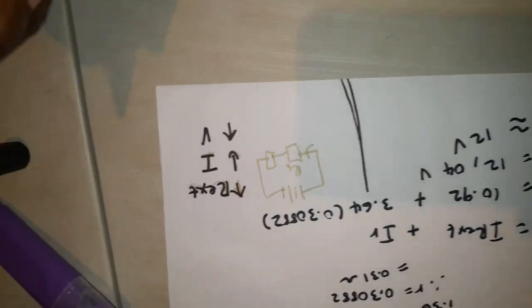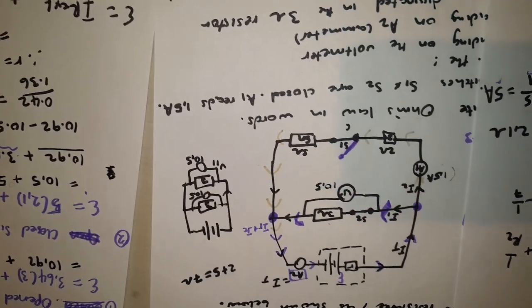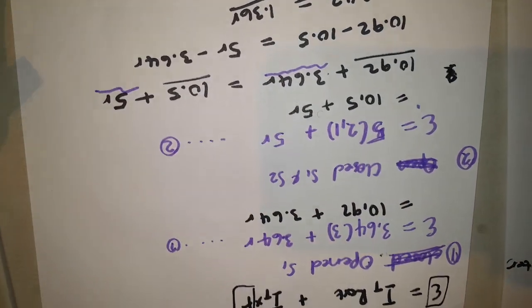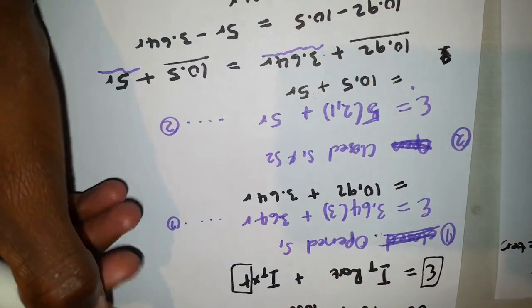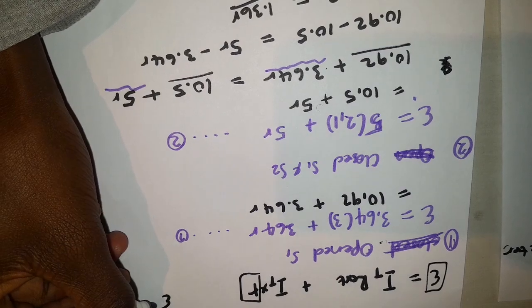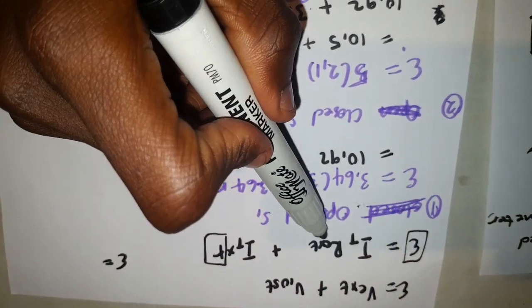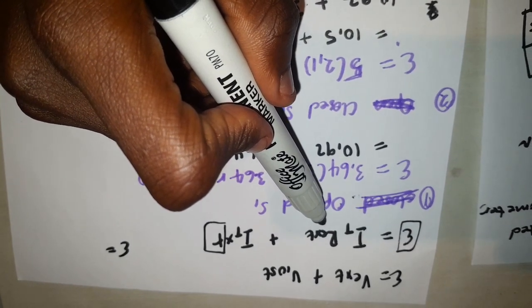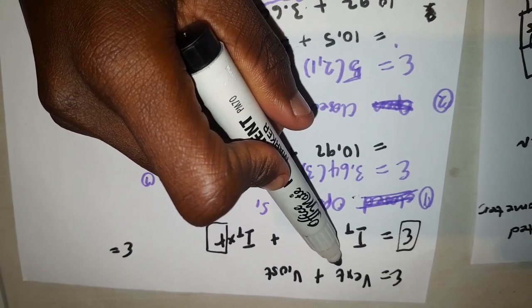How? Let's use this equation. Remember that V lost, whenever our resistor increases, this will also increase.